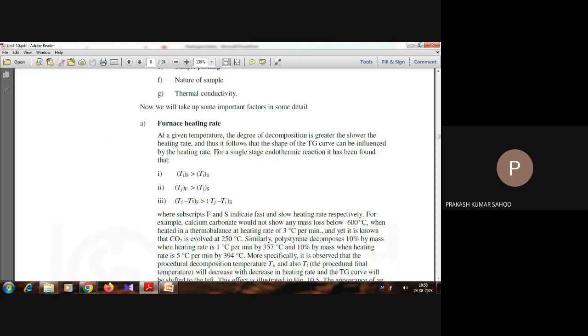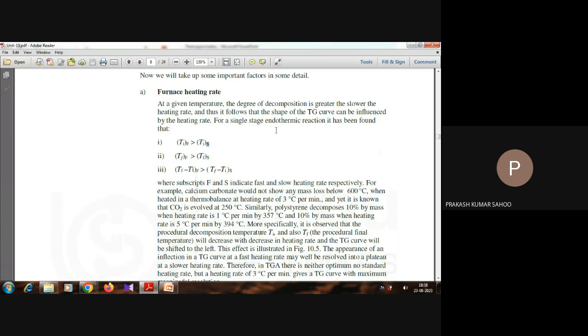Then we have furnace heating rate, that is, whether the heating rate is fast or slow. We have three relations for a single endothermic reaction. Endothermic reaction is where heat is absorbed, known as gain of heat, and if it is loss of heat, it will be exothermic. So in thermogravimetric analysis, all are endothermic.